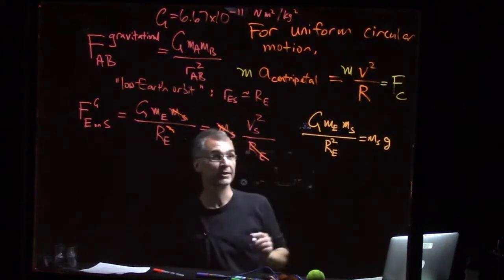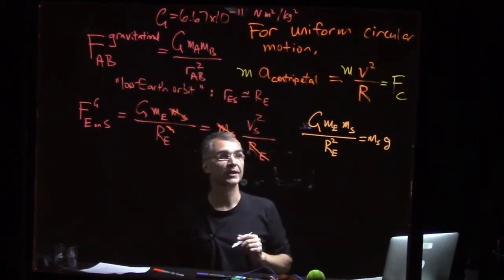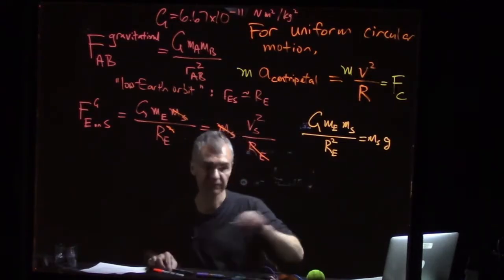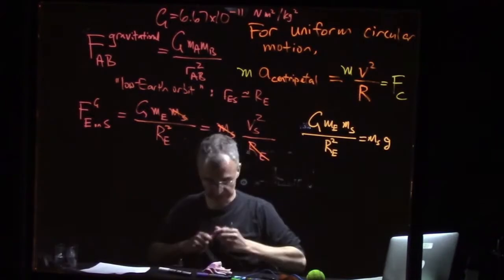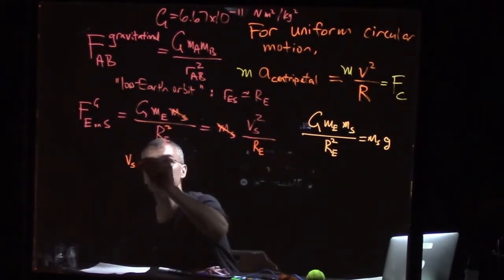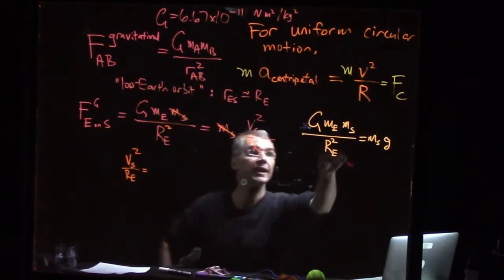That's that 9.8 meters per second per second. Again, this is only because you're right at Earth's radius. So actually I think I didn't want to do this cancellation. Let's undo this cancellation. Leave that squared. We'll keep this here. What the heck? I think then we're saying the velocity of the satellite squared divided by Earth's radius, this is for low Earth orbit, just equals, see the m's cancel here.